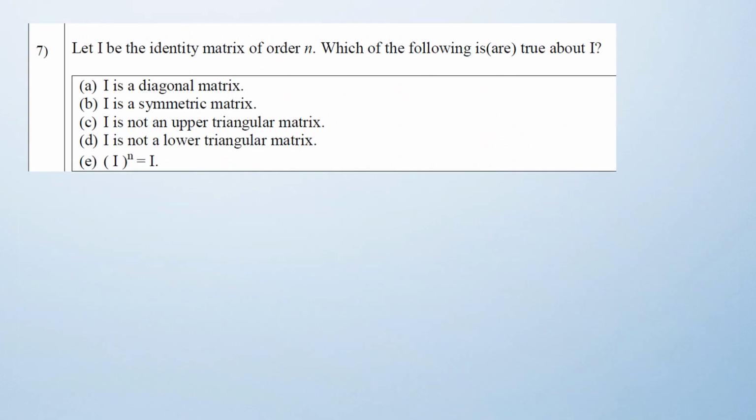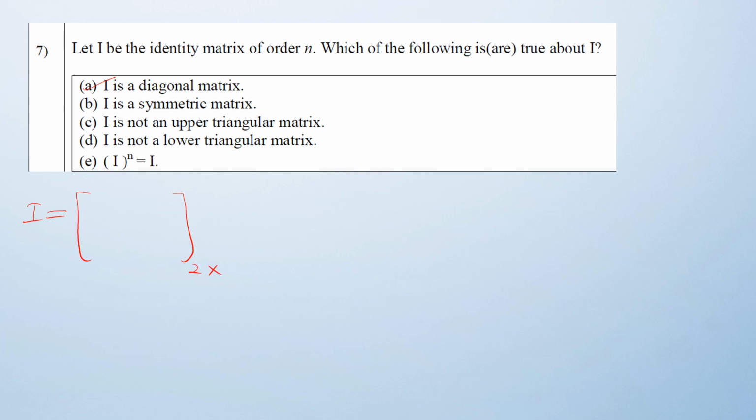Question number 7. Let I be the identity matrix of order n. Which of the following is true about I? A. I is the diagonal matrix. Yes, it is, because we know that I is a square matrix of order n.